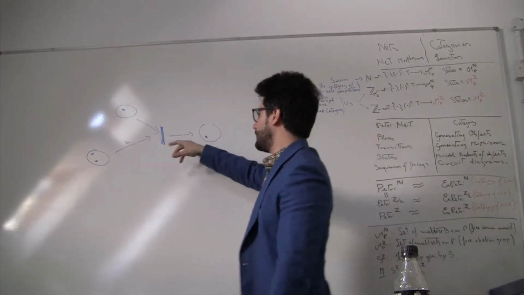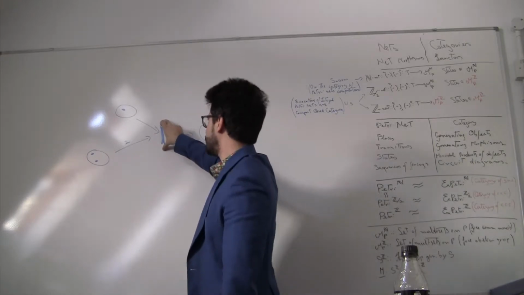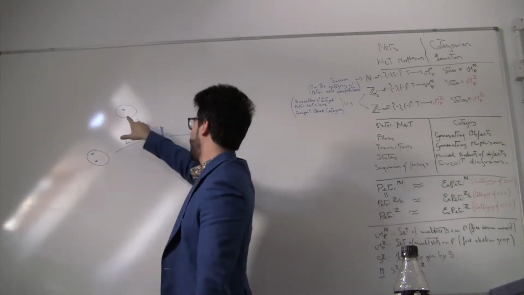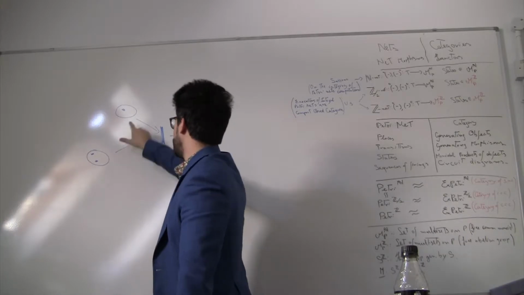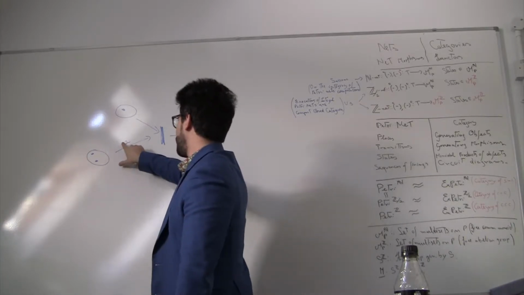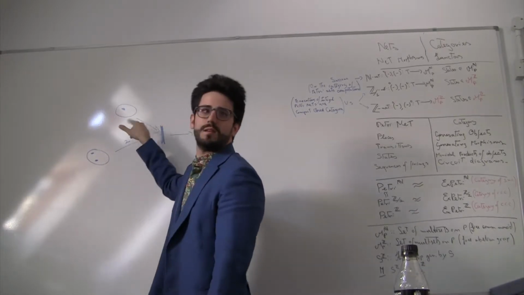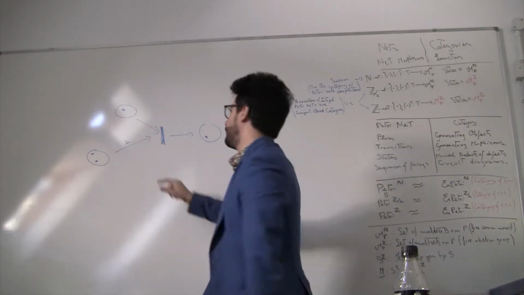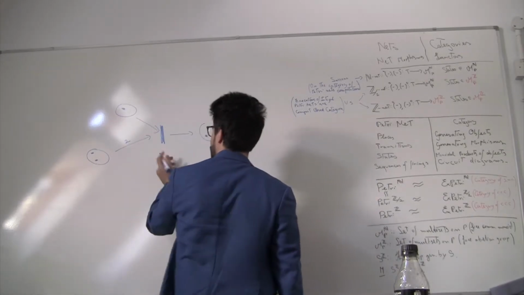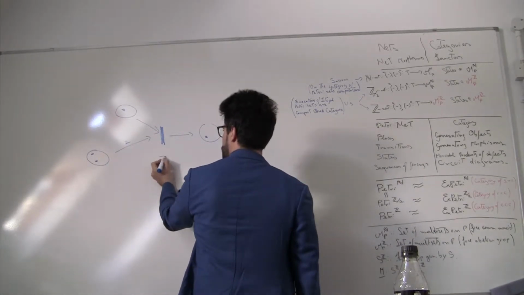And the way this has to be read is that this is a process that needs a number of tokens from each place, specified by these numbers, to fire. Usually when the number is 1, we don't write it because it's redundant. So in a situation like this, this transition can fire.